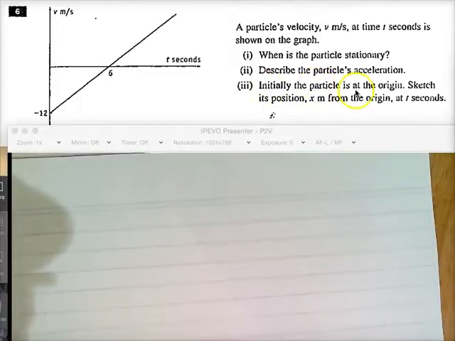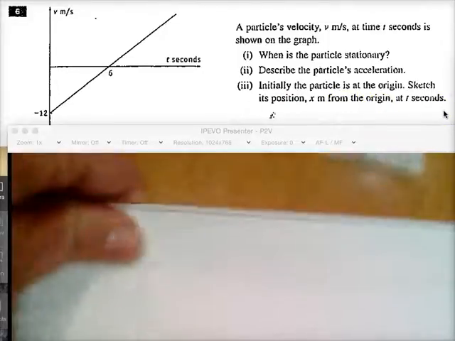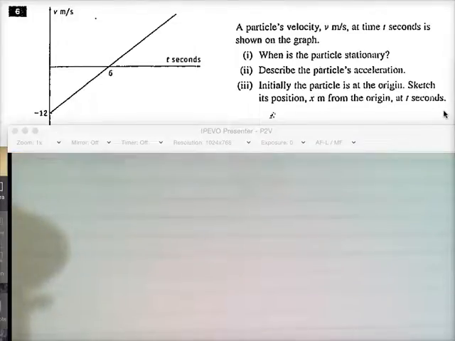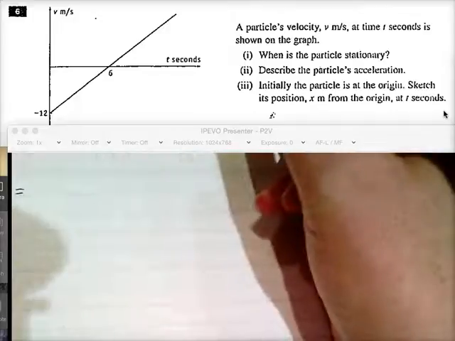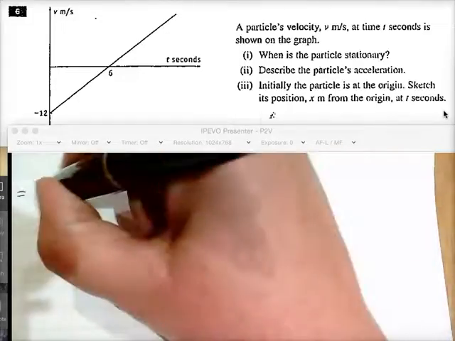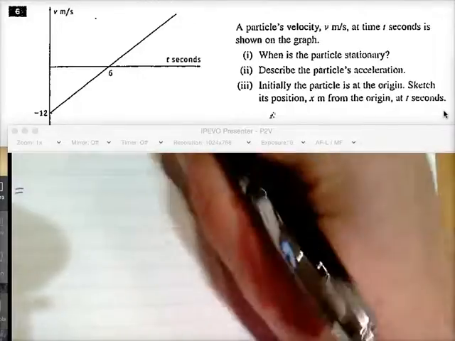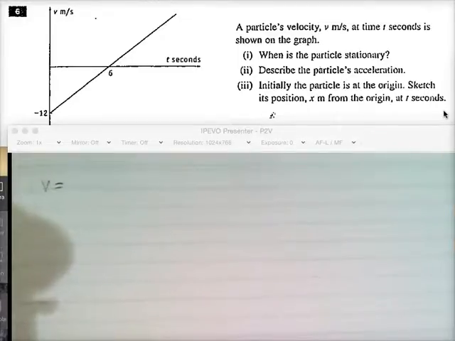And it says initially the particle is at the origin. Sketch its position x from the origin at t seconds. So if you've got v and you want x, we can actually work out the equation of that graph. That is a straight line graph, so it's of the form y equals mx plus b.